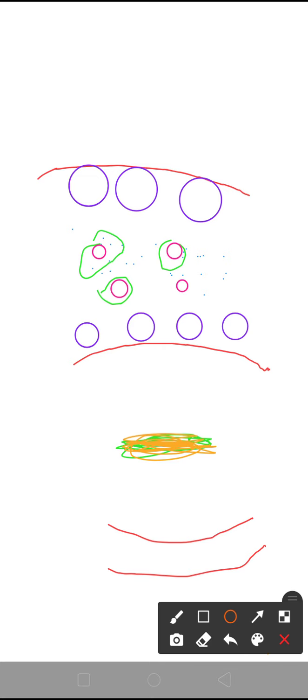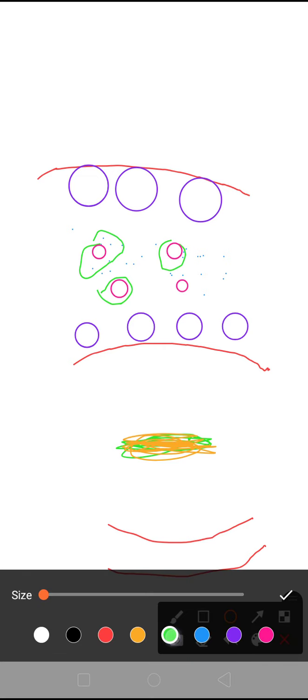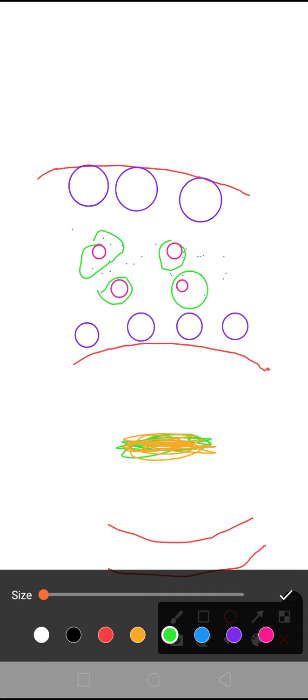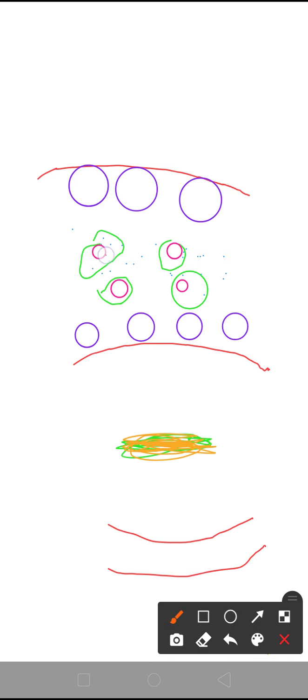And here is also an osteocyte cell, and it is also in the lacunae, and all these are joined through a structure which we call the canaliculi. I am not so good at drawing, but you could understand. So this is the basic structure of the bone.